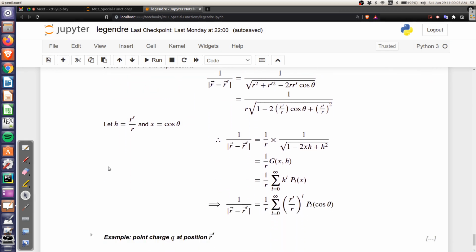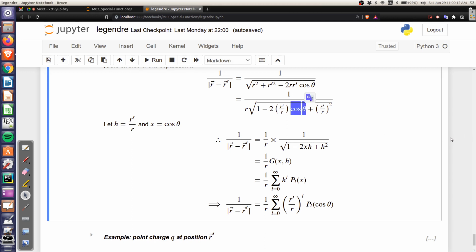So now let me define certain quantities. I'll call h is equal to r prime by r and x equal to cos theta. Okay, can I do that? Can I call x equal cos theta? Yes, I can, because if you remember, we are talking about Legendre functions. For the Legendre function, the range of values which we are interested in is -1 to +1. Yes or no? Those are the regular singular points, and the region of convergence for QL will be from -1 to +1.